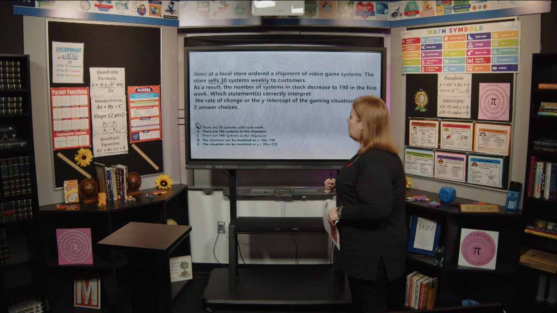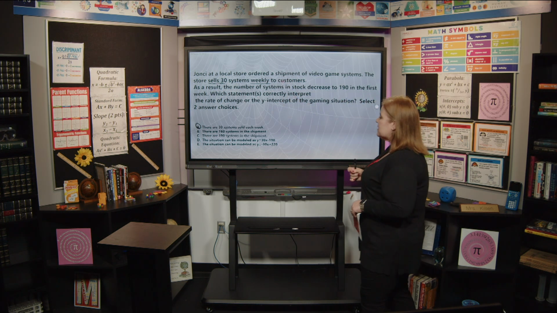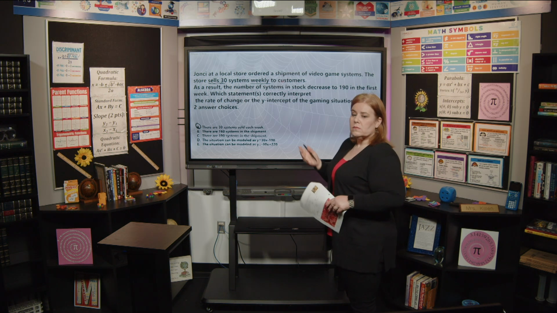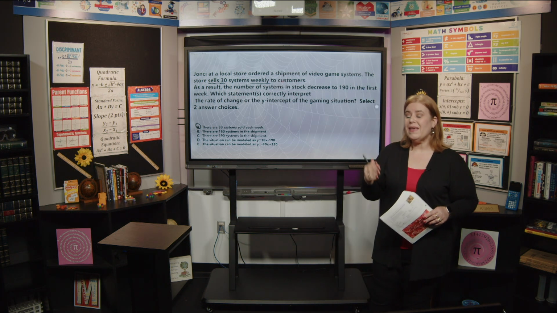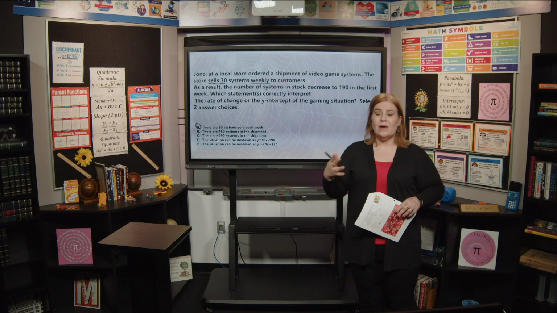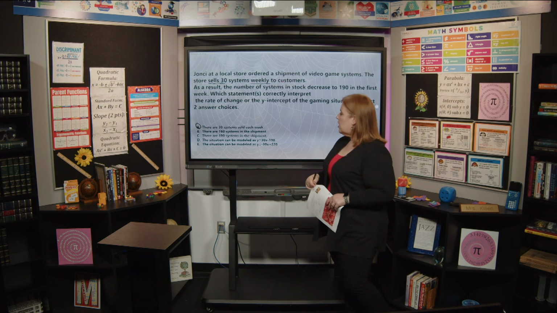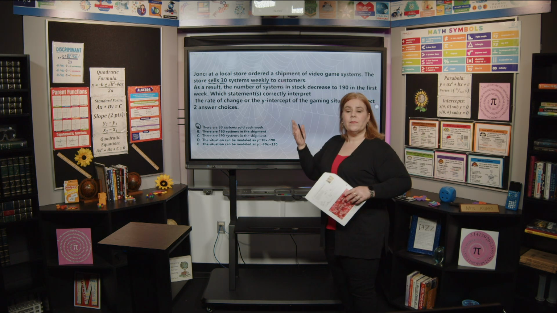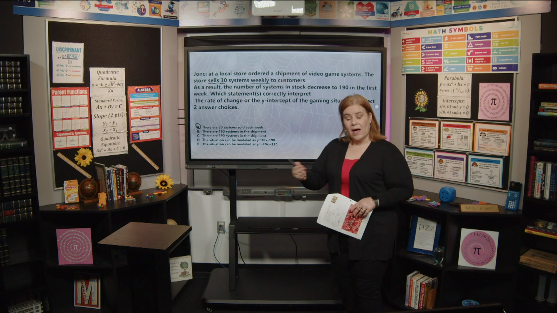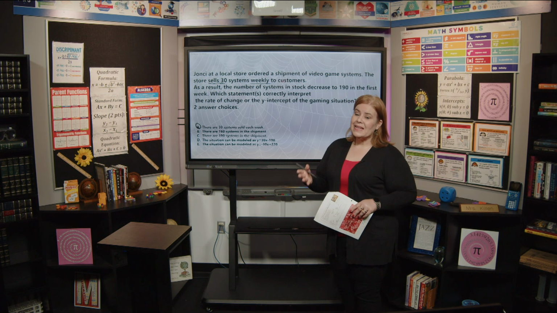Now let's look at the other ones. It says there are 160 systems in the shipment. I don't know because it doesn't tell me how many come in shipments, just that we get shipments. There are 190 systems in the shipments. Then again, we do not know how many came in the shipments, so we can't say that.